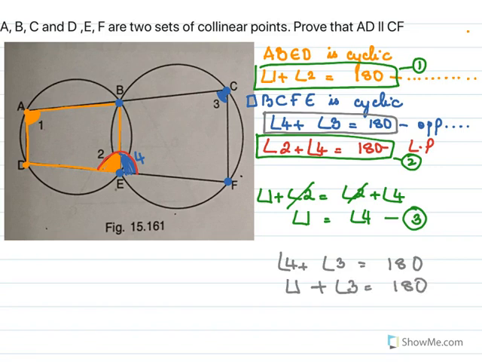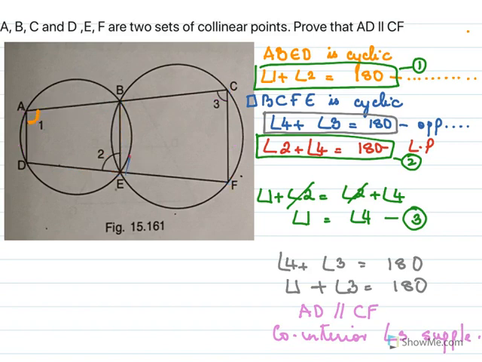Now if 1 plus 3 is 180, that means these two lines are parallel. So I can say AD is parallel to CF. So co-interior angles are supplementary. Therefore the lines are parallel.